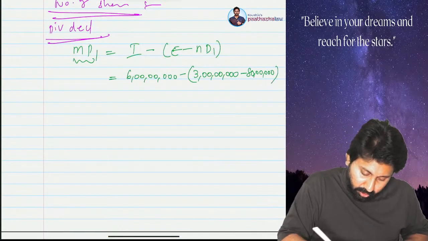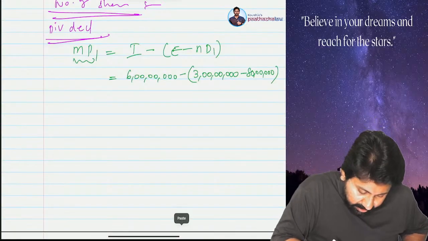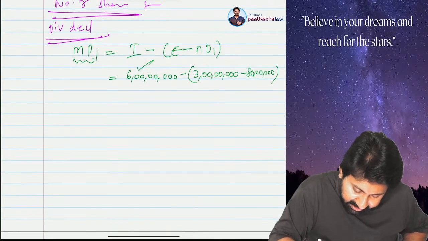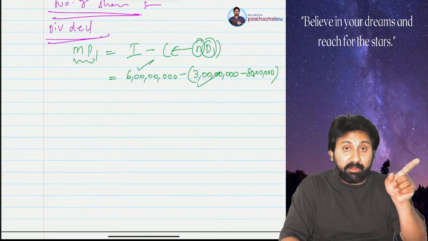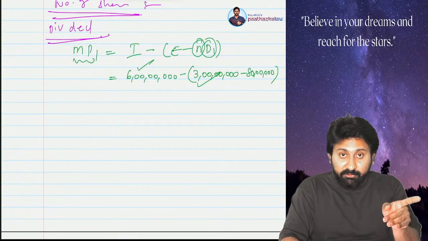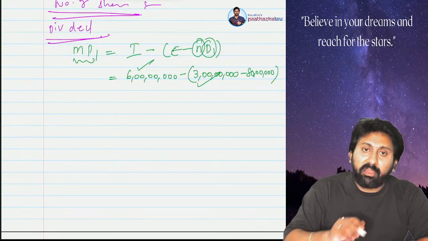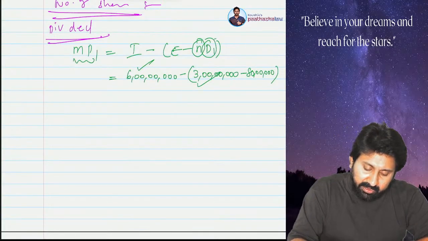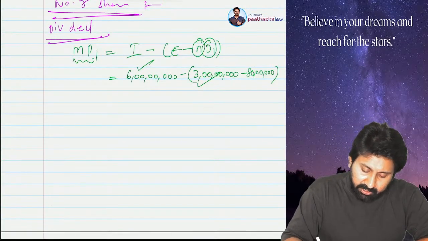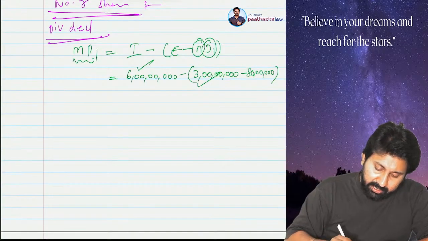So simply, I minus E minus ND1, where N is the old number of shares into D1. 10 lakh shares into 8 rupees dividend gives 80 lakh.